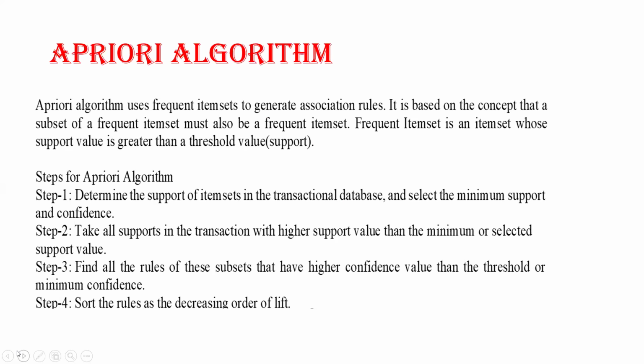Step number 2 is we are taking all the supports in the transaction with higher support value. Step number 3 is find the rules of the subset that have higher confidence value than the threshold minimum confidence. Step number 4 is sort the rules in decreasing order of lift.